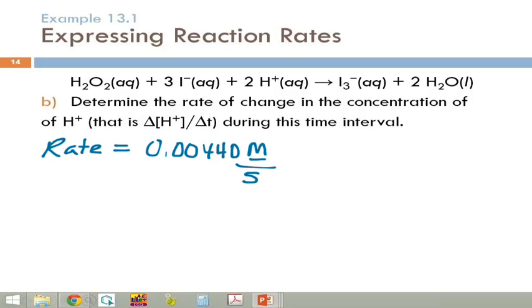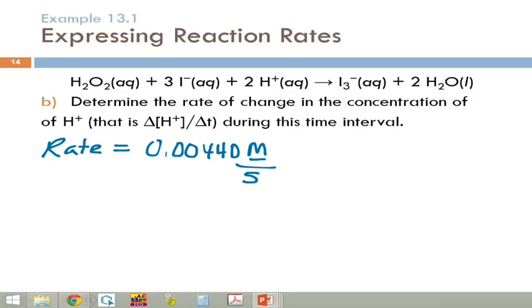That was the rate of change of the iodide. Well, that's the rate of the reaction. So what they're asking us to find here is delta H plus over delta T.